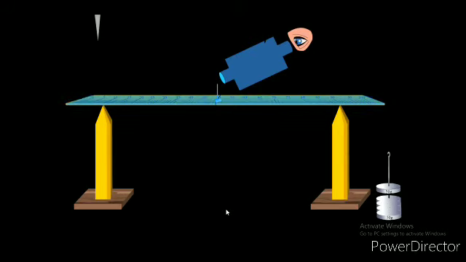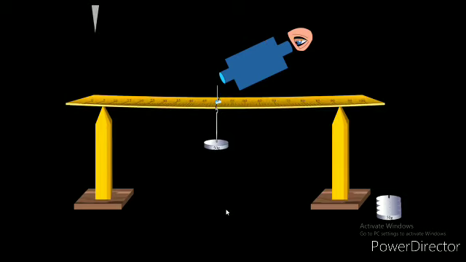The weight hanger, that is the dead load, is suspended at the center of the beam and the pin is focused through the microscope, and the tip of the pin is made to coincide with the horizontal cross wire as shown, and the reading is noted.